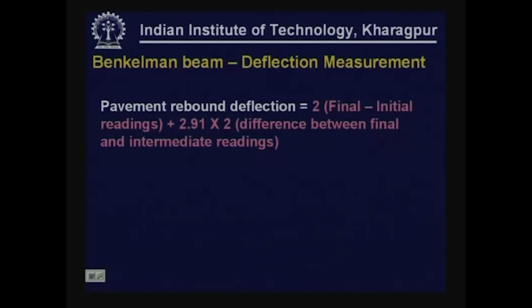This is when the intermediate and final readings differ from each other by more than 0.025 millimeters. If the difference is less, the pavement rebound deflection is equal to twice the intermediate minus initial reading.